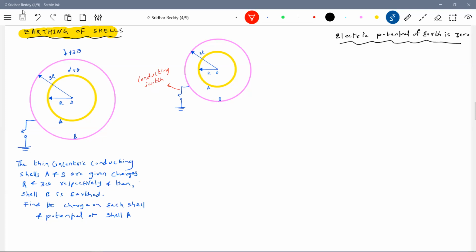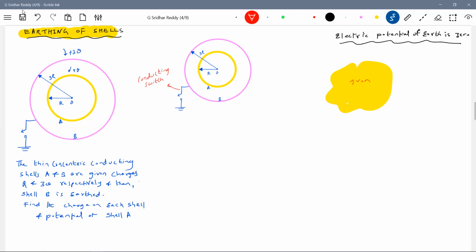Okay, now earthing of shells. So the electric potential of Earth is 0. We know a conductor is an equipotential. Will I agree? Let me give a general first description. There's a body made up of iron.